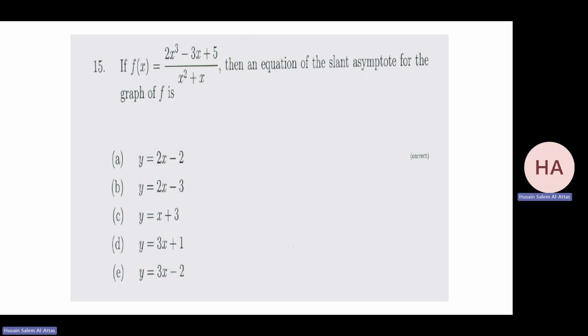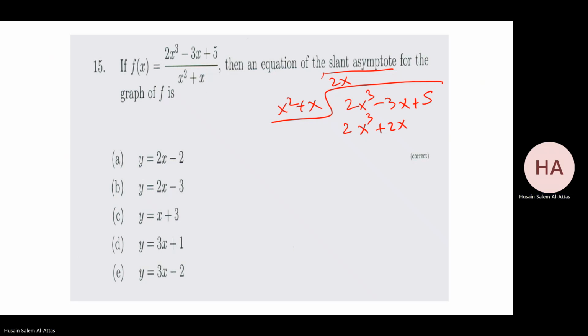If this is the function, we need to find the slant asymptote. The degree is less by 1, so I can find the slant asymptote using long division. I have 2x, multiply 2x squared, this is 2x cubed plus 2x squared.